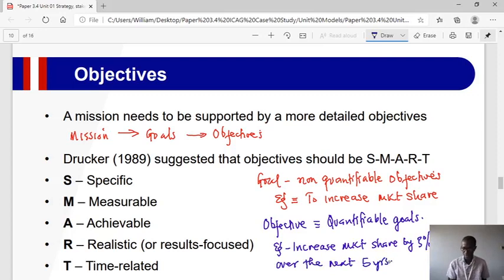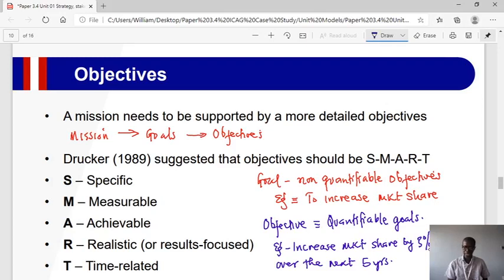We can quantify it. So I hope the distinction makes sense. You want to increase your market share, that is your goal. But stating it in quantitative terms, where you express the goal in a quantifiable term, like increasing your market share by 3% per annum over the next 5 years, that is an objective.